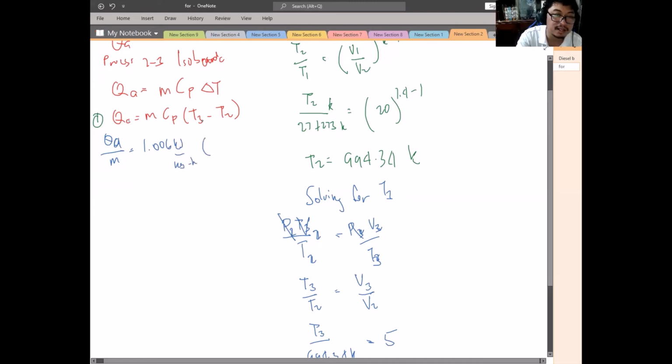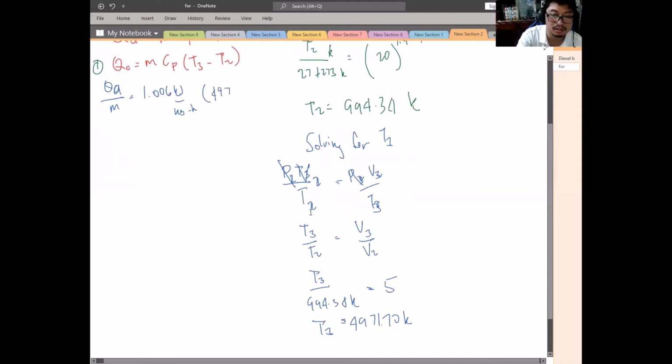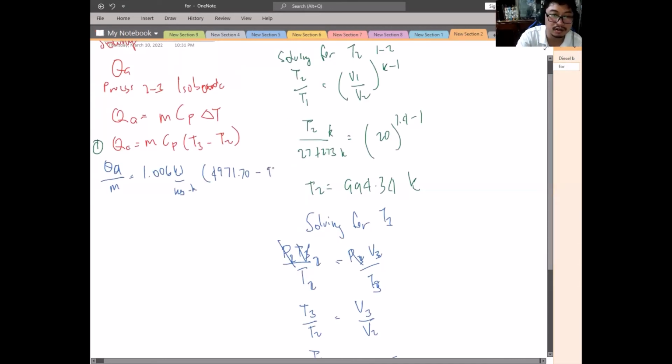Times T3 minus T2, substituting, 4,971.70 Kelvin minus 994.34 Kelvin. The Kelvin cancels, leaving kilojoule per kilogram.